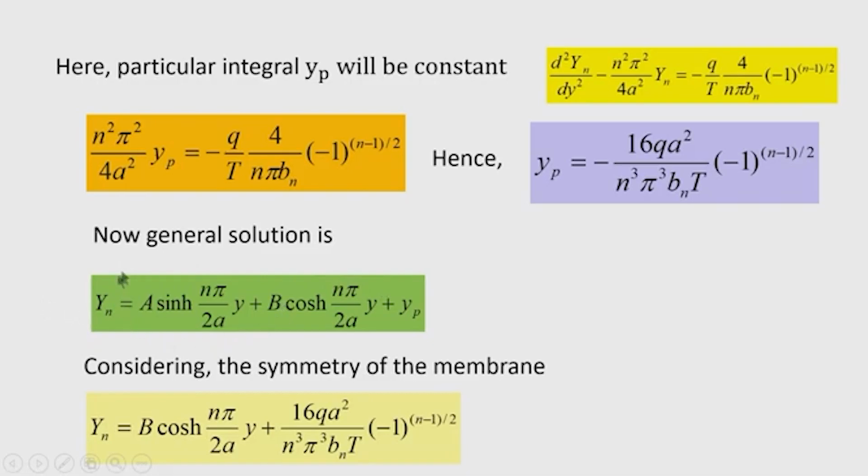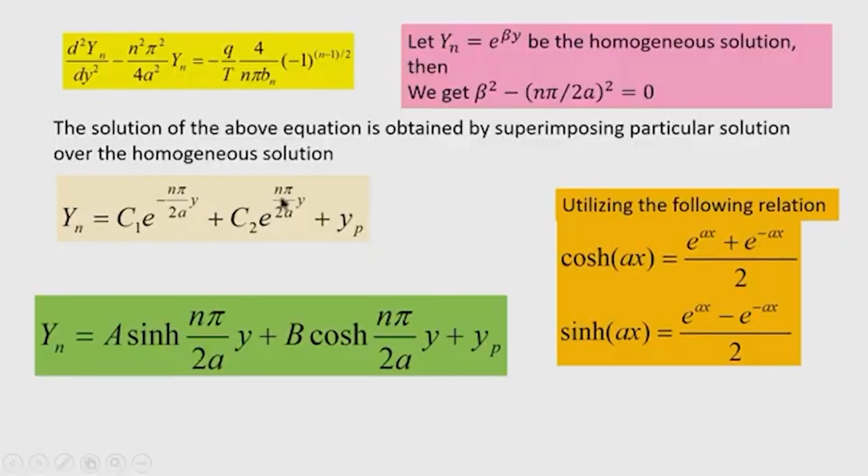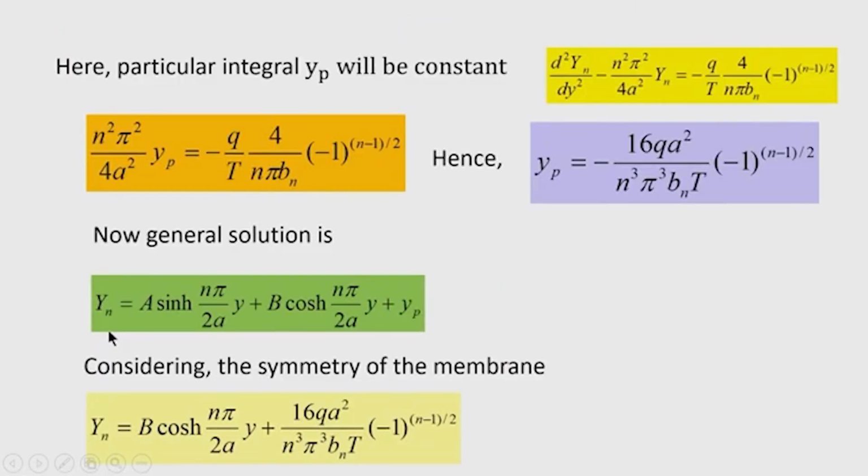You can see in this general solution of y n, we have the sin hyperbolic term, n pi by 2 a into y, that is one term, plus the cos hyperbolic term is also coming here, because of the two exponential terms in the solution, e to the power plus n pi by 2 a into y and also minus n pi by 2 a into y, and utilizing these properties, we now get this hyperbolic function in the solution. So, the solution is written in terms of hyperbolic functions for convenience.